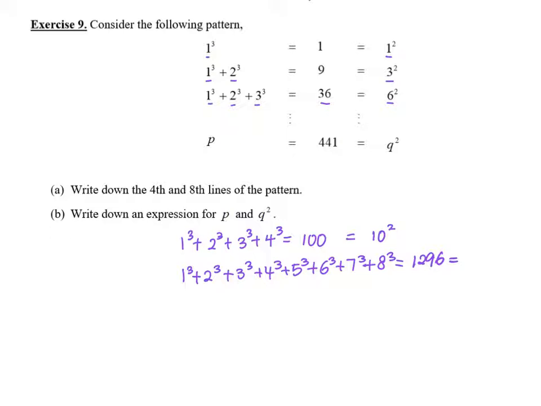This number equals what number squared? Well, we take the square root of 1296, and that gives me 36 squared. So that means this will be line 4 and line 8.